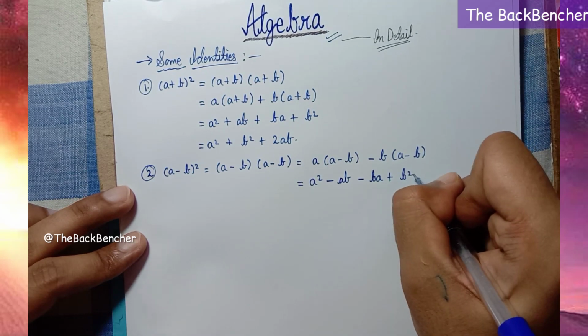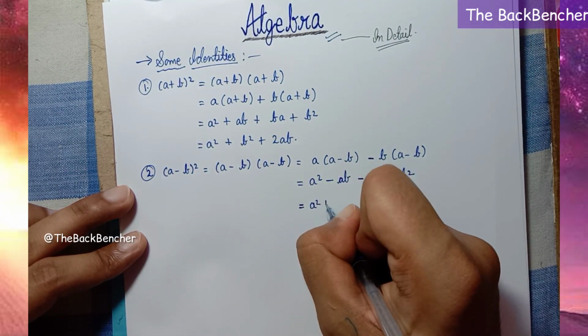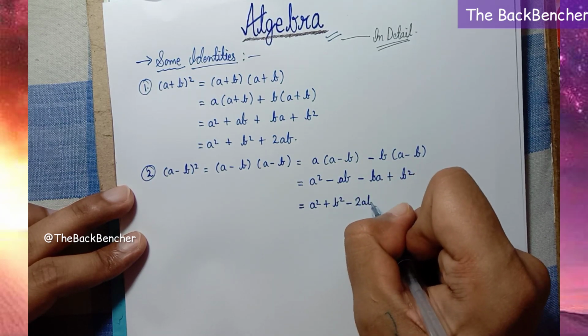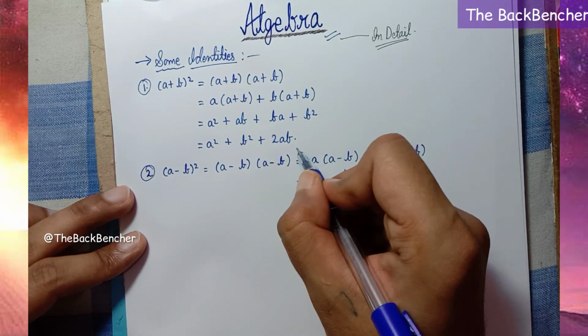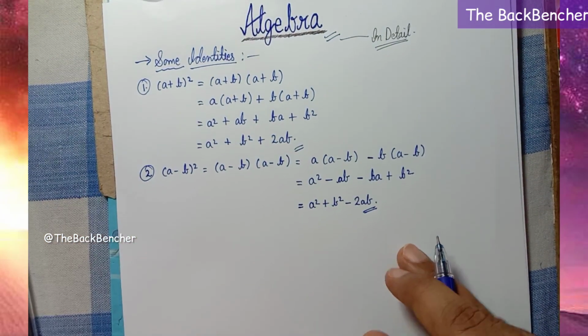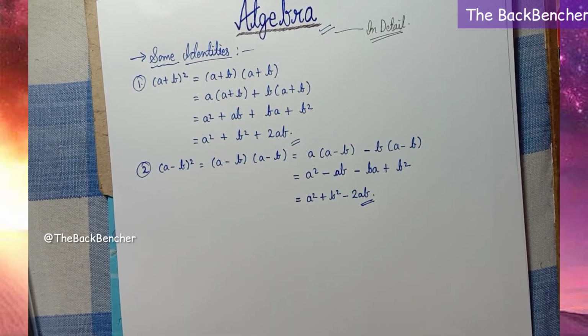This is a square minus ab minus ba plus b square, and further simplifying it, we will get a square plus b square minus 2ab. Only the sign changes. In the first and second identities the variables are the same.